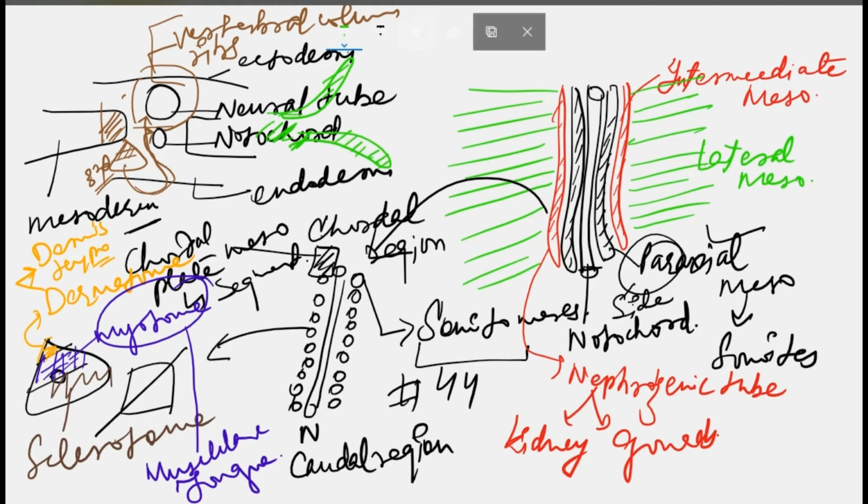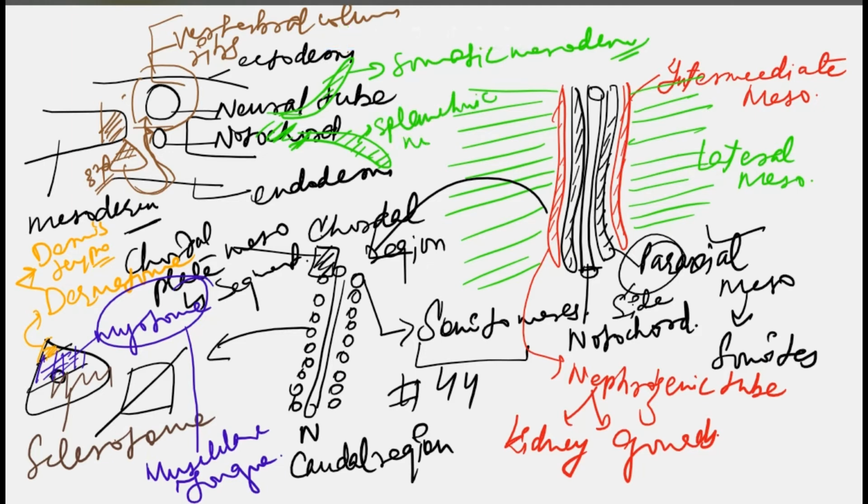The one which is closer to the ectoderm is going to make the somatic mesoderm, and the one closer to the endoderm is going to form the splanchnic mesoderm.